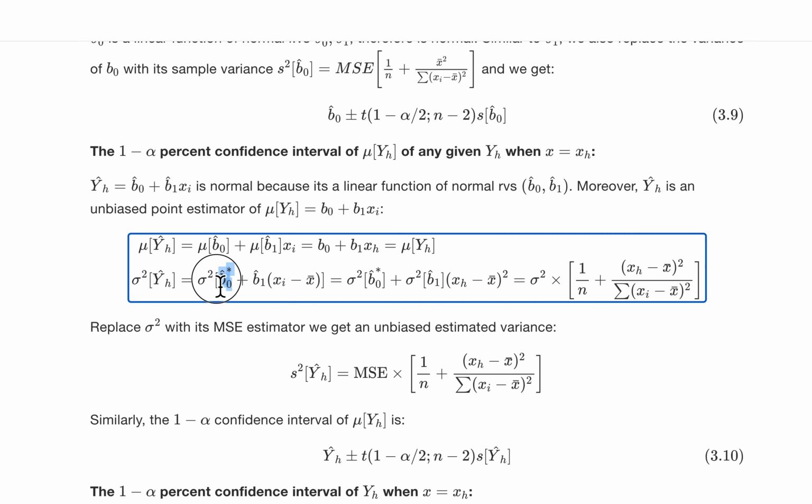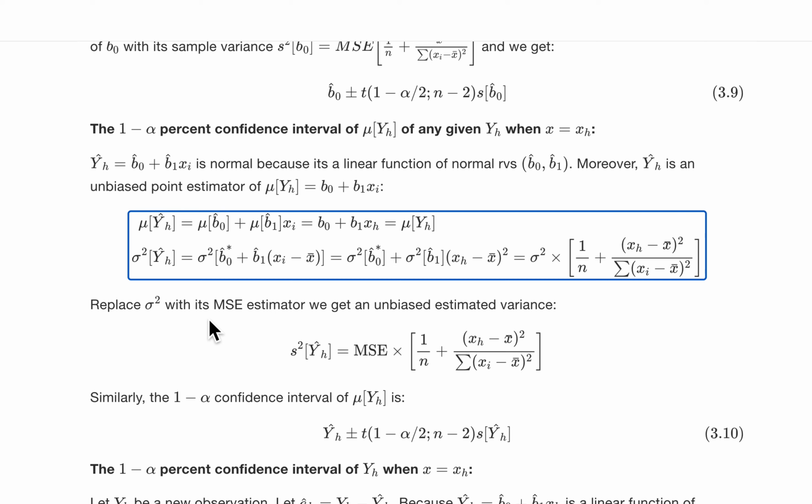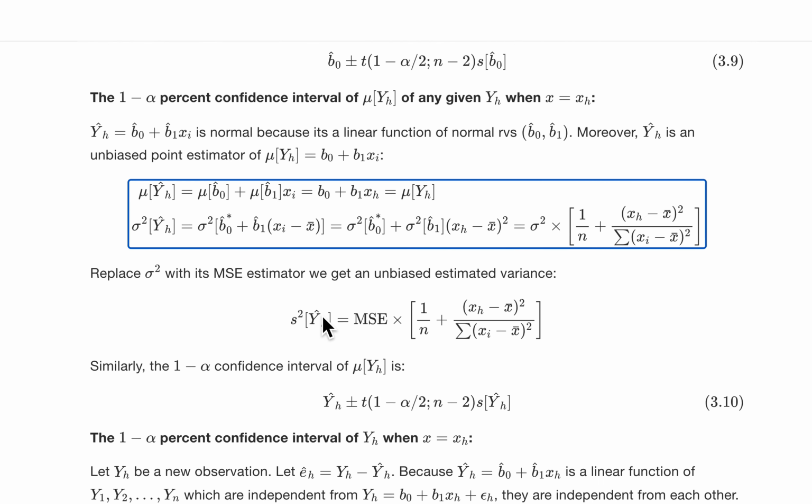Here we're using the theorem we just proved in the previous part. So we use that B0 hat and B1 hat are independent. We find the variance of both, add them together, and that becomes the variance of our point estimator YH hat. And we replace the sigma square, which is unknown, with the mean square error. We get the sample variance of YH hat.